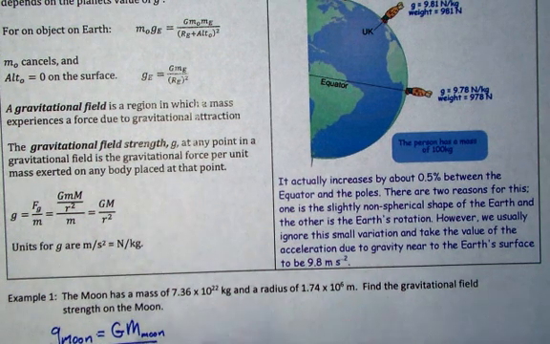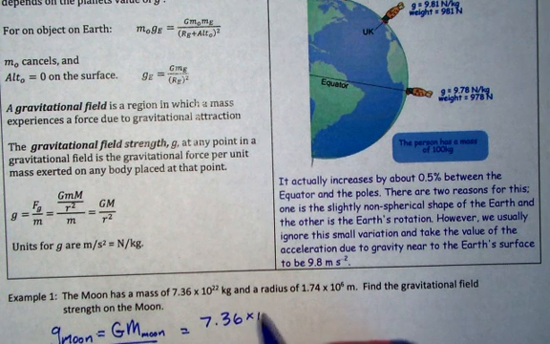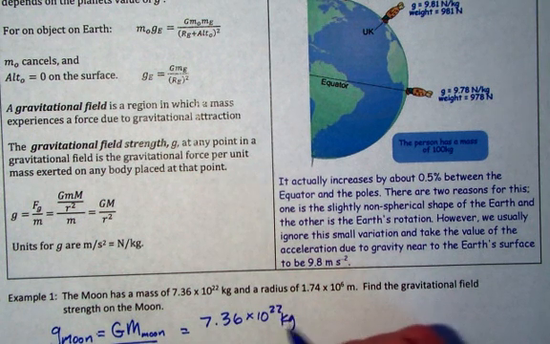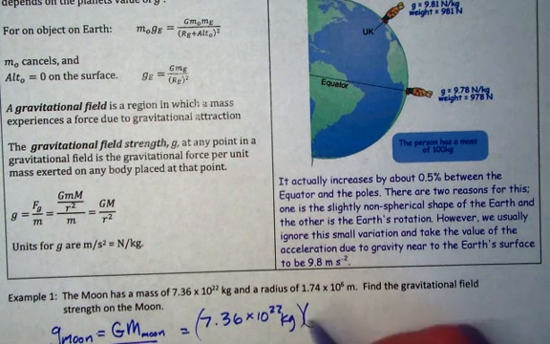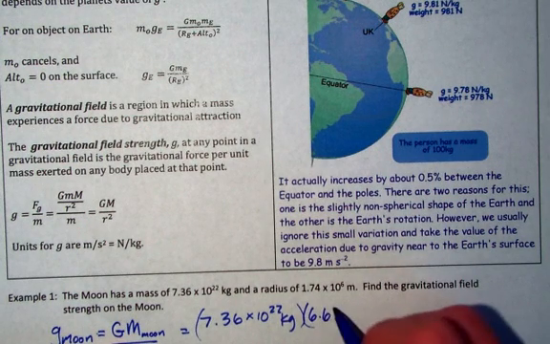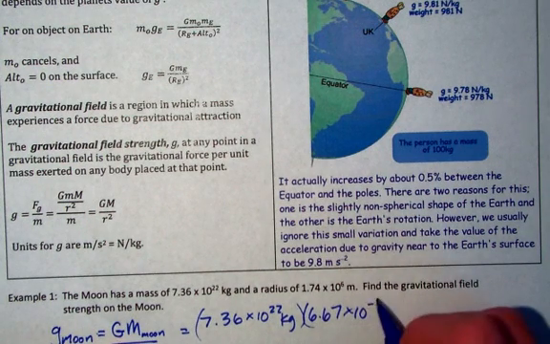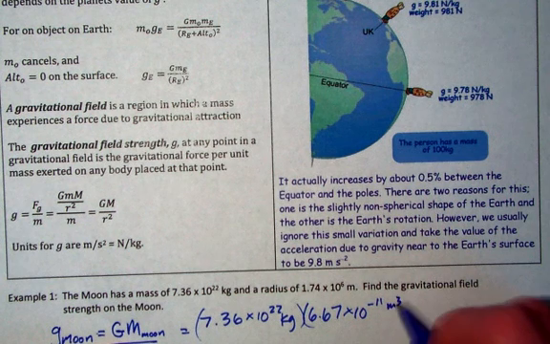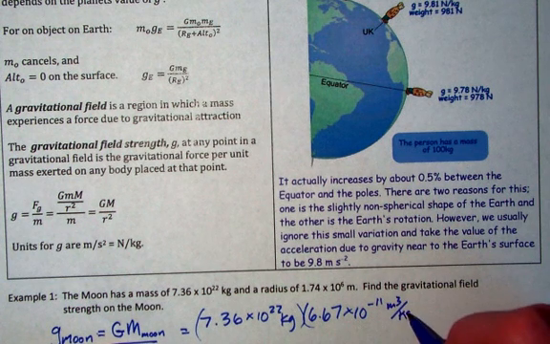And all we have to do here is plug and chug. So we get 7.36 times 10 to the 22nd kilograms. So that's my mass. Let's put in this big G here. It's 6.67 times 10 to the negative 11 meters cubed per kilogram times second squared.